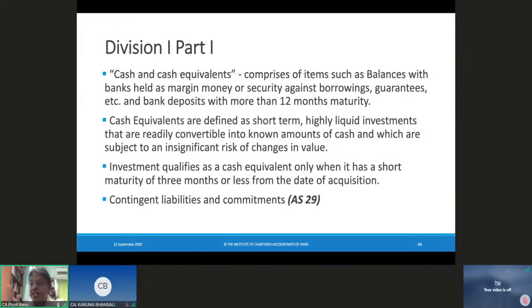All right. And contingent liabilities and commitments, we know they are contingent in nature and are not forming part of the financial statements' account balances, because the simple reason is they have not been realized, whether it is a liability or a commitment.